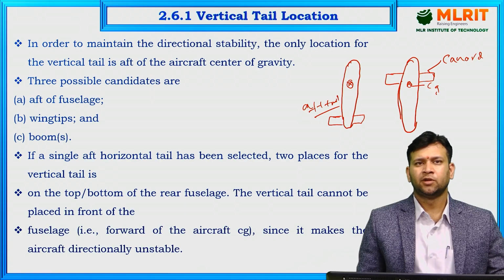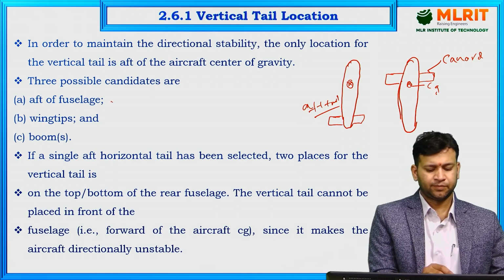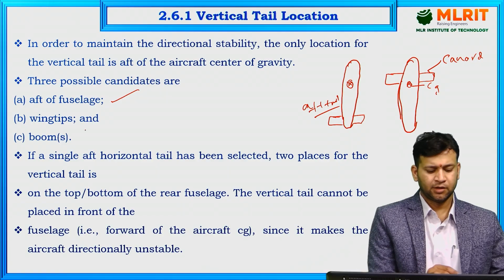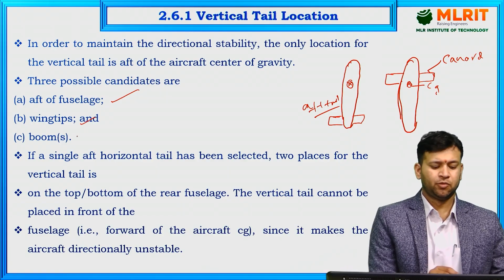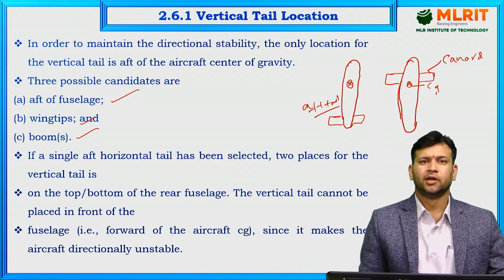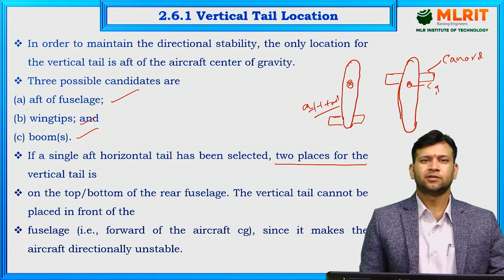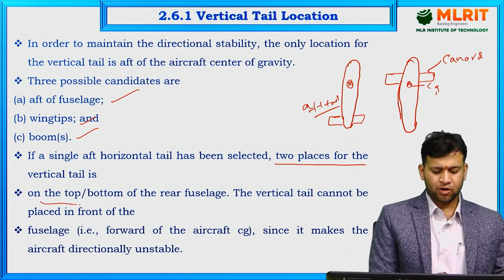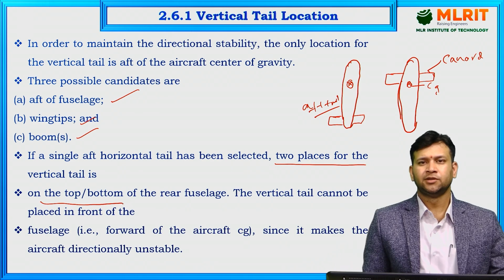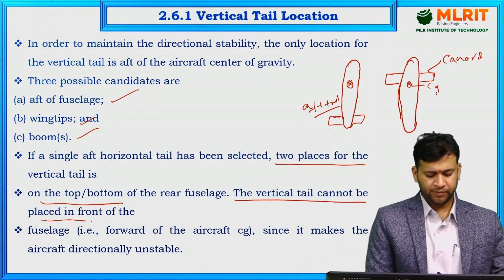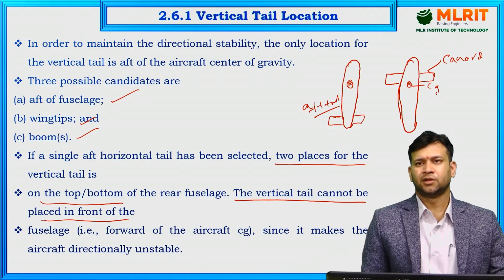There are three possible candidates. First one, aft of the fuselage, wingtips, and booms. If a single aft horizontal tail has been selected, two places for the vertical tail is on the top or bottom of rear fuselage, and the vertical tail cannot be placed in front of the fuselage.